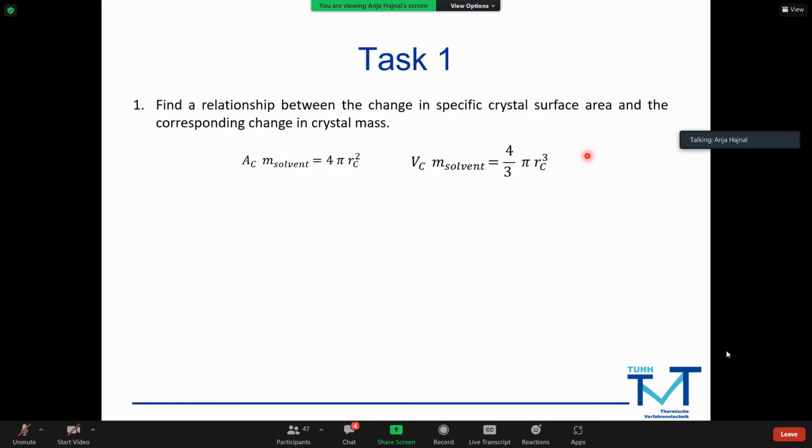Just a tip. We start from these 2 equations that connect the crystal size, so area and volume, through RC, the radius of the hypothetical spherical crystal. We can relate these 2 equations and try to connect them to the mass of the crystal.